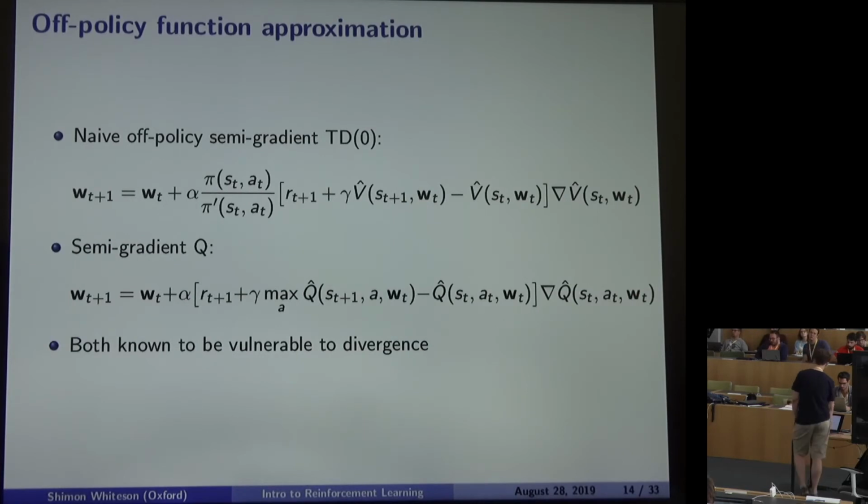We can take our semi-gradient temporal difference method and make it off policy by just adding in an importance sampling correction here. This is just like what we did yesterday with the Monte Carlo methods. The data is being gathered from some policy pi prime, but we are trying to estimate the value of another policy pi. So this importance ratio ensures that our estimates are unbiased.